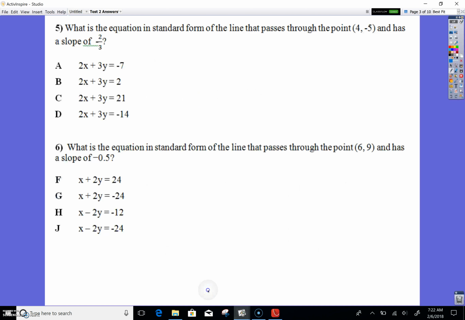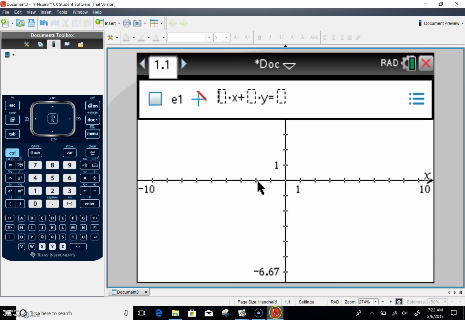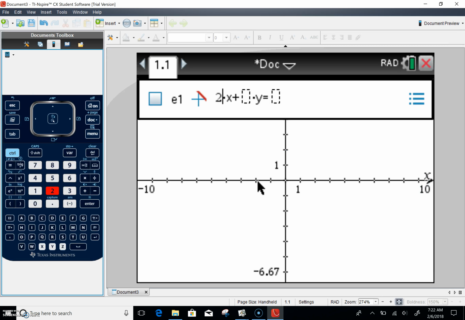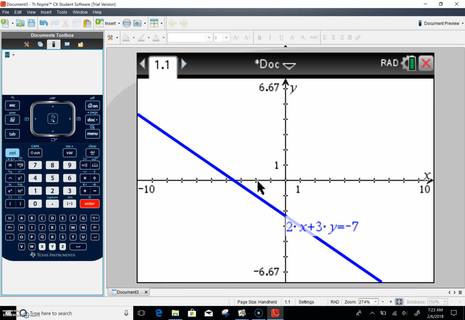Let's go back. It's supposed to be 2x plus 3y equals negative 7. I press enter.